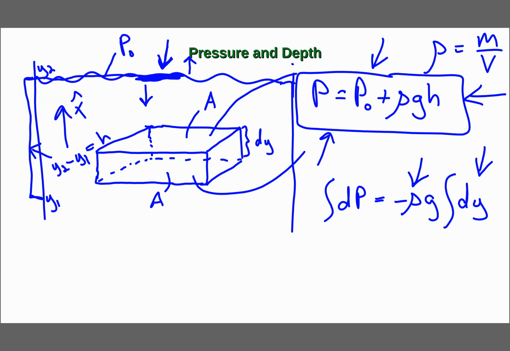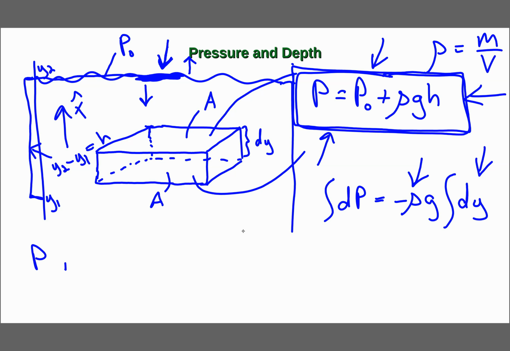So let's look at our equation for pressure in a fluid of uniform density, okay? That's this guy right here. Note that if I increase the surface pressure, P naught, I increase the pressure everywhere for all h, right?